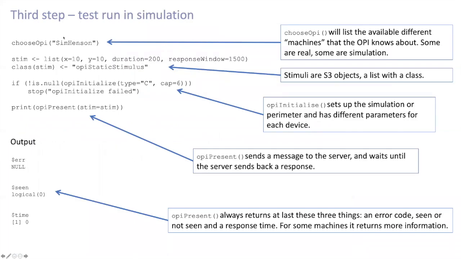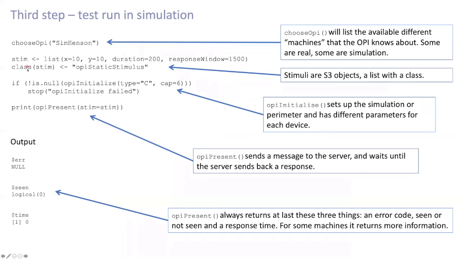So here's some R code here that will call the OPI. So make sure that the OPI package is loaded, so using require or whatever. First of all, we choose the OPI implementation we want to use. In this case, we've chosen a simulation.